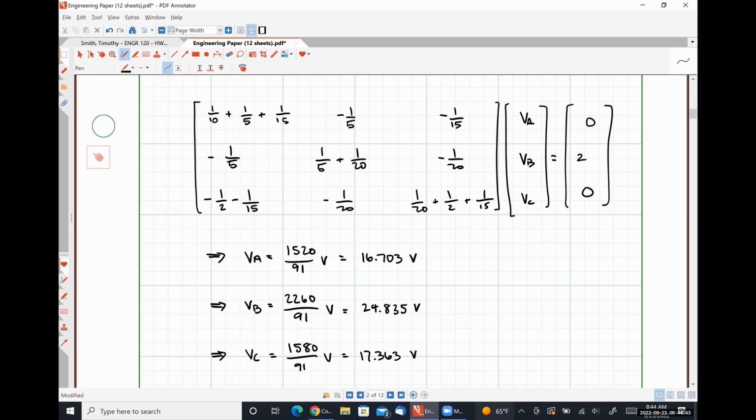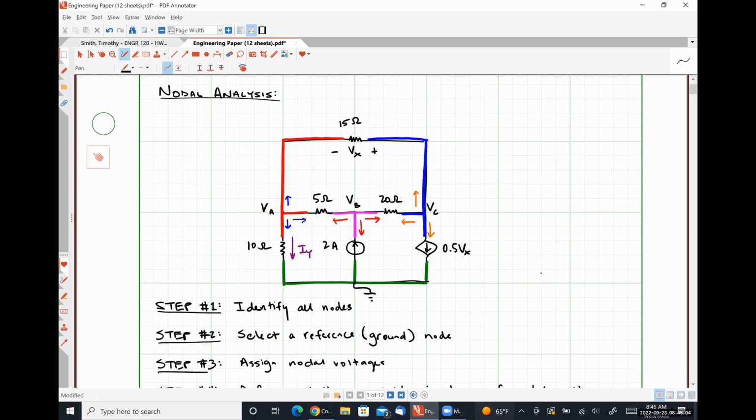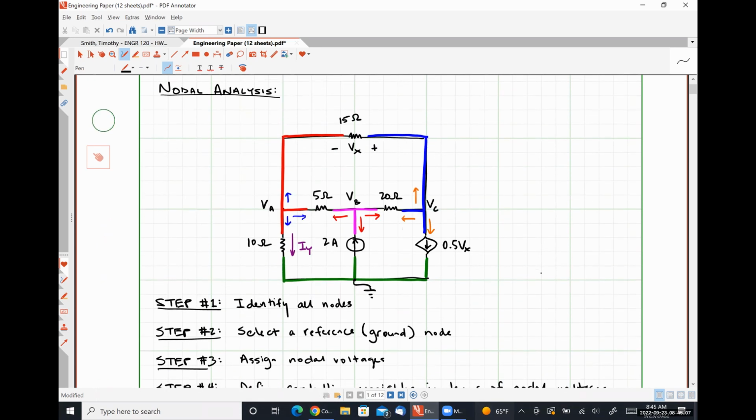So these are our nodal voltages, VA, VB, and VC. Okay? These are the steps that we use to apply the nodal analysis technique. Now, let's talk about what we can do now that we know these nodal voltages by referring back to our figure. Okay? So now that we have applied nodal analysis, the voltage at node A with respect to ground is known. The voltage at node B with respect to ground is a known quantity. And the voltage at node C with respect to ground is a known quantity.